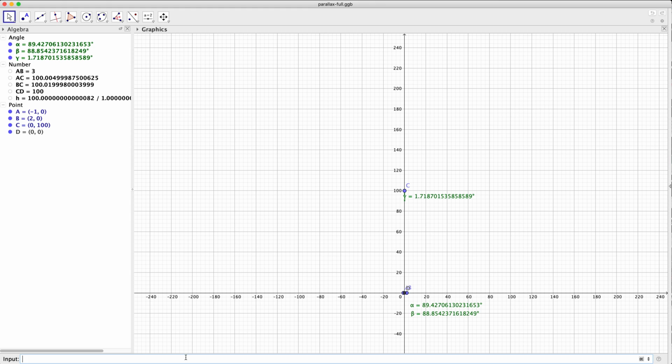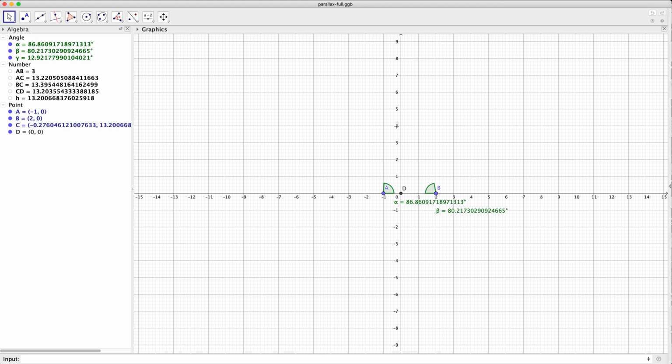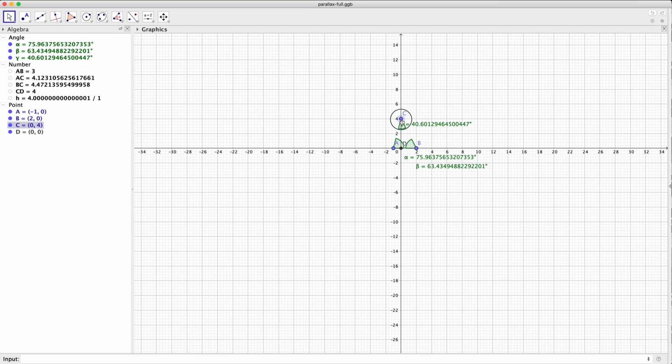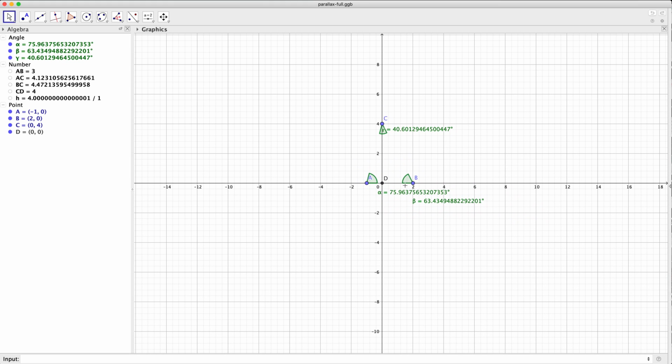I don't know, probably doesn't quite work, close enough. Anyway, so there's a certain sense at which knowing the angle at C could tell us what we want, and maybe we just need to go back to the standard view. Oh, where's my C? Okay, zoom in here.